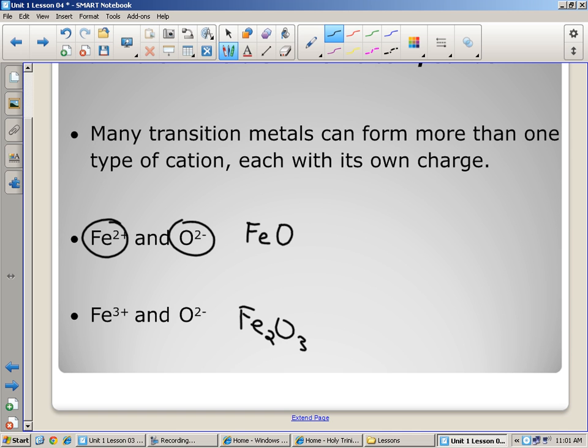So please, please, please make sure you include Roman numerals when you name these, to tell me the difference. This is iron 2 oxide. Use Roman numeral 2 because, of course, you're using the 2 plus charge. The other one is iron 3 oxide because you're using the 3 plus charge of iron for this one.